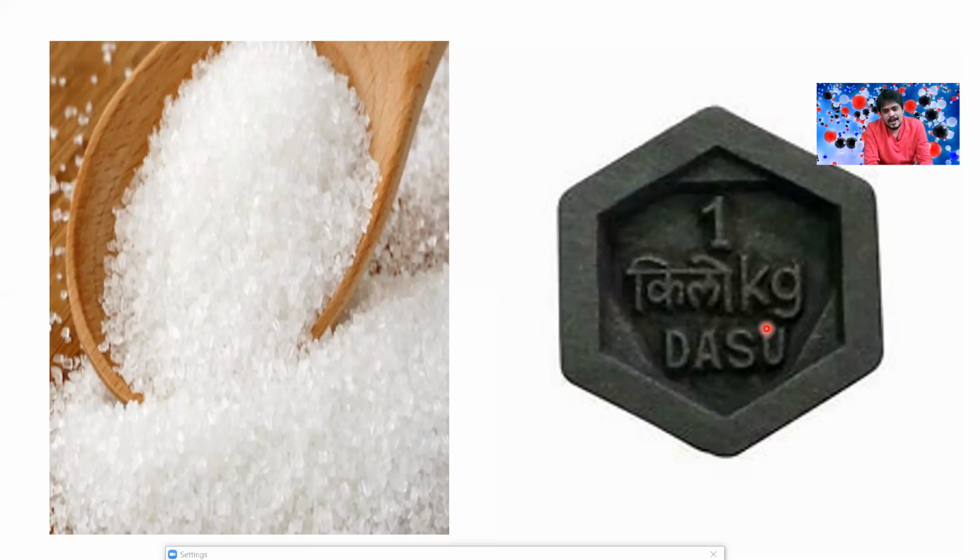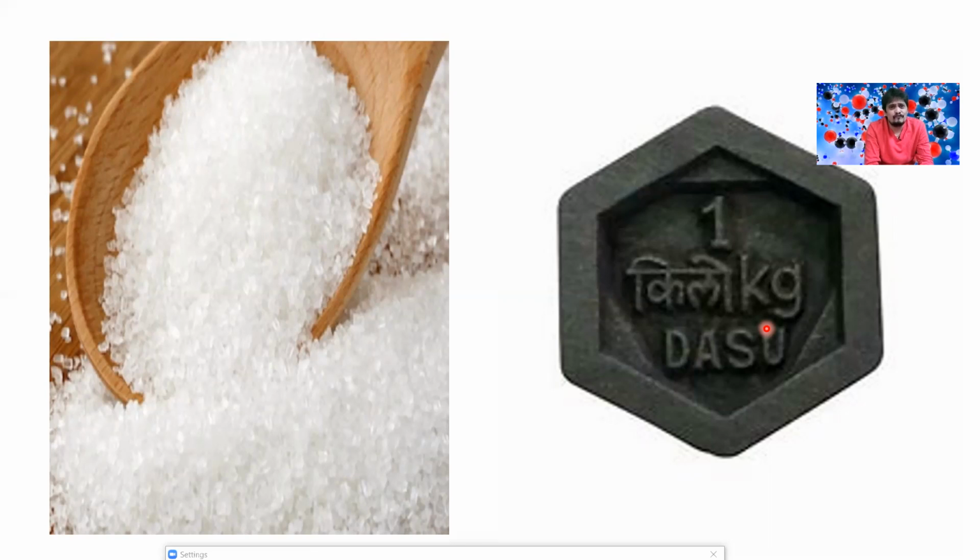Now, just tell me, if there is any fluctuation in the value of the 1 kg bar, can we accurately measure or weigh the 1 kg of sugar? No, definitely it is not possible.